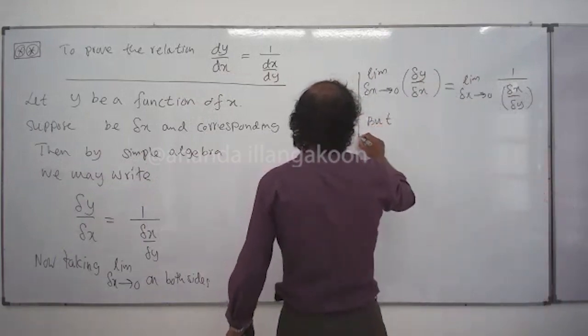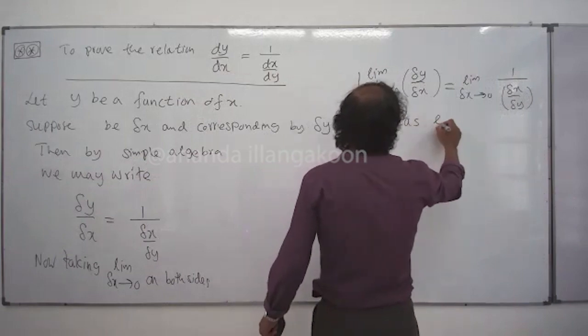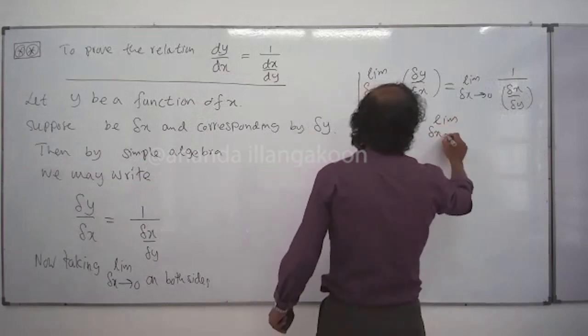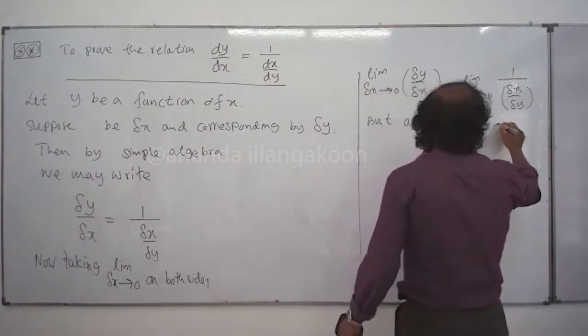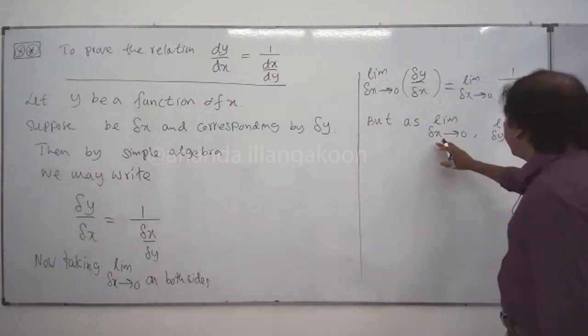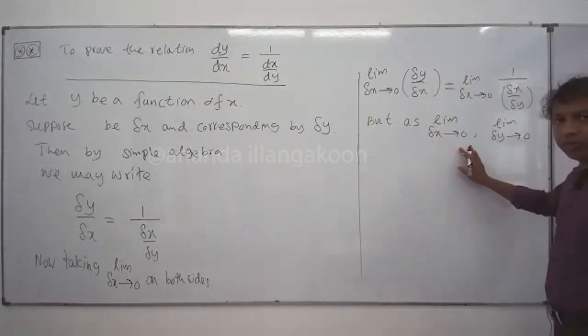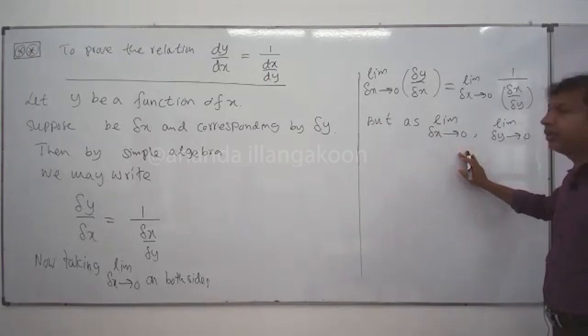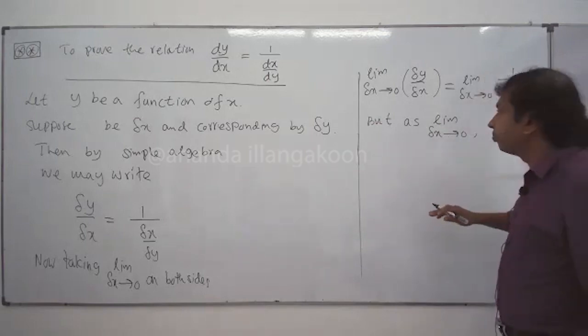Now you can write that as limit delta x going to 0, limit delta y going to 0. As delta x is going to 0, people, simultaneously delta y is also going to 0.